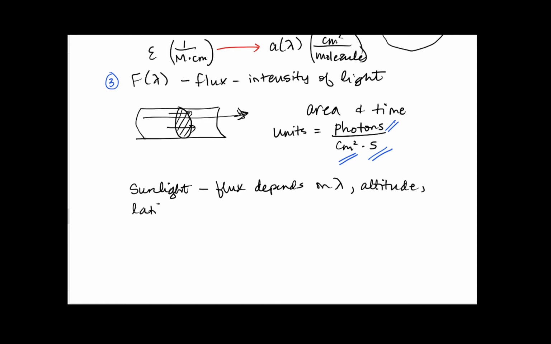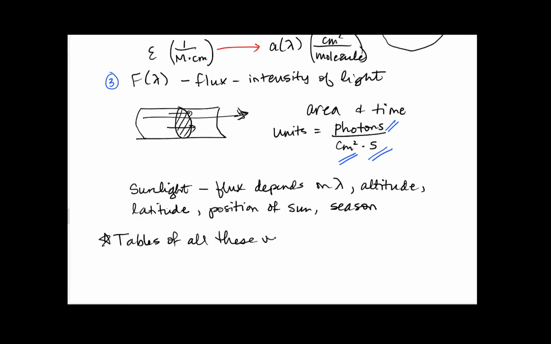It's going to depend on where you are on the Earth, we'll just say the latitude. And then the position of the sun, so what time of day it is, and the season, since that also affects where the sun is in the sky and how intense it is. All of these factors are important, and the good news is there are tables of all of these values.